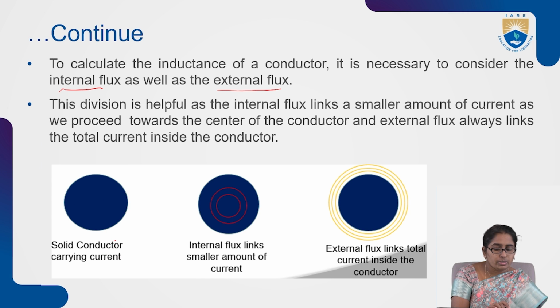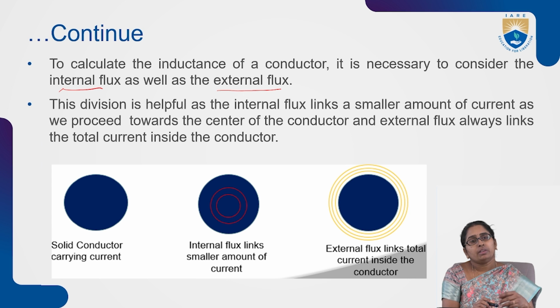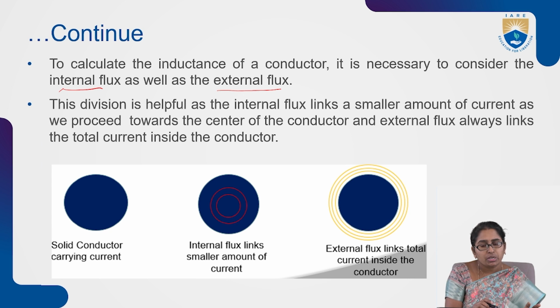So this is a solid conductor carrying current, with internal flux lines. The second figure shows this internal flux links with a smaller amount of current because this is AC current. So basically we know that when AC current is flowing, the majority of the current is available at the surface.